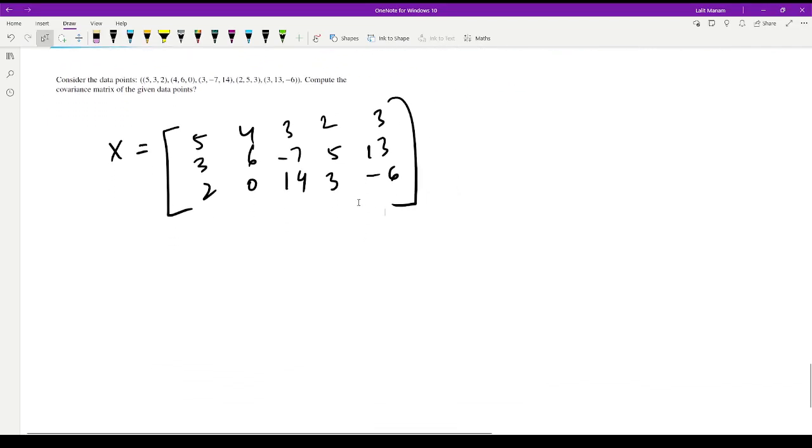Now, how to compute covariance? We need to get the mean and subtract it.